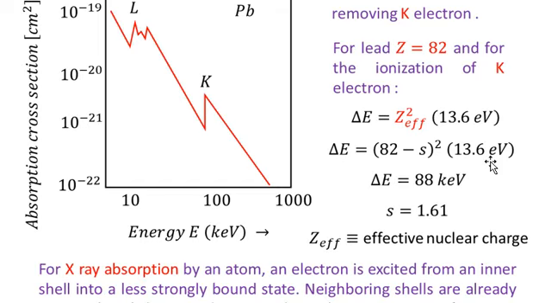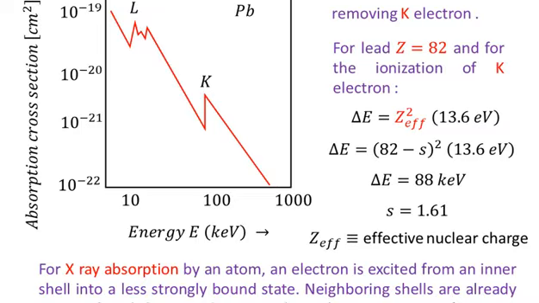Because delta E is also 88 kilo electron volt, you can compare these two delta E expressions and find the screening parameter, S equal to 1.6161. So you can also determine the screening parameter this way, and Z effective is the effective nuclear charge.